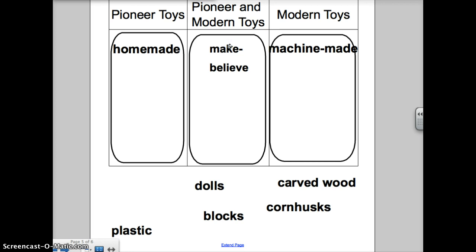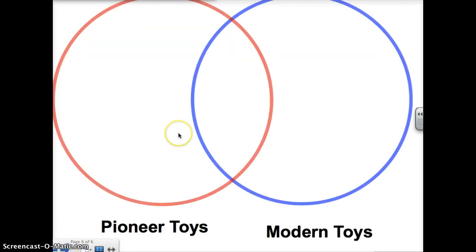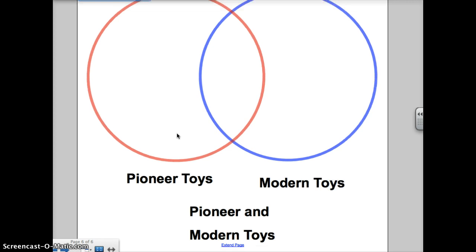Now what I'm going to have you do is fill in a Venn diagram talking about toys of the pioneer days versus toys of modern days. So this next page is an example of what that Venn diagram would look like. This red section is all toys from pioneer days.